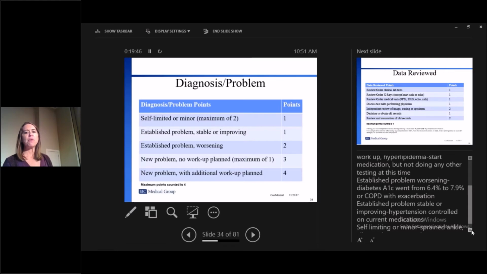Your established problems stable or improving, those get you 1 point apiece. That's your hypertension who's well controlled on your hypertensive medications. Your cholesterol patients who are controlled and such. And on your self-limited or minor, this is going to be your sprained ankles, your sore throat, streps, your flu.